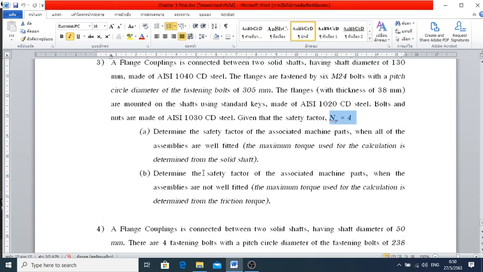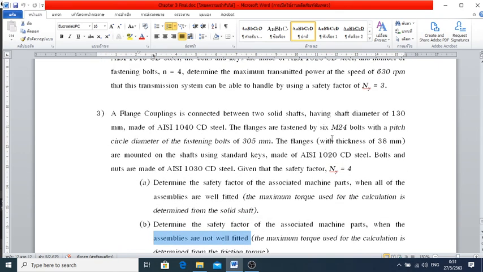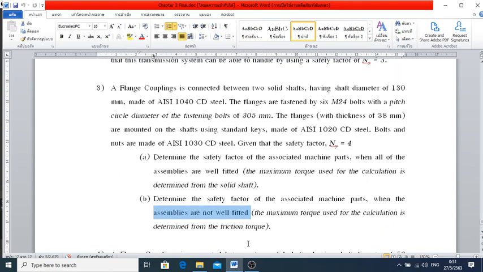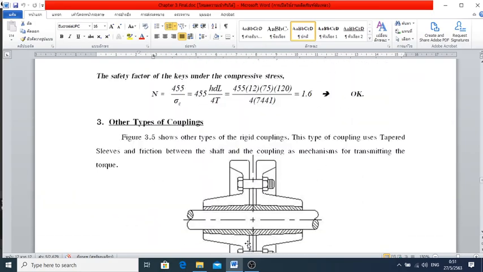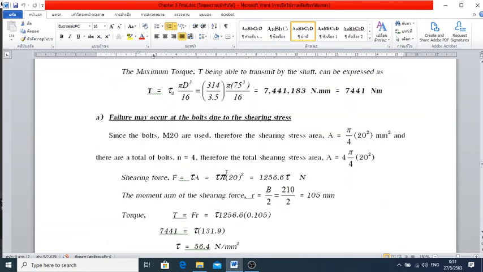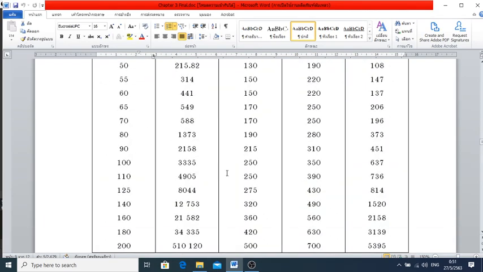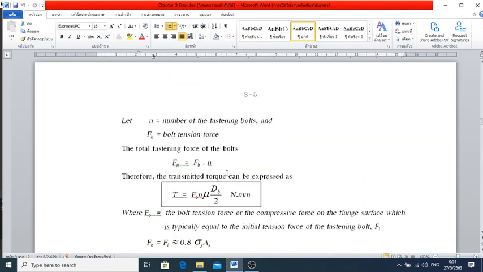Then in B, determine the safety factor of the parts when the assembly is not well fitted. For instance, you use M20 rather than M24. From the steps of the calculation, you can transmit torque only through the friction force.